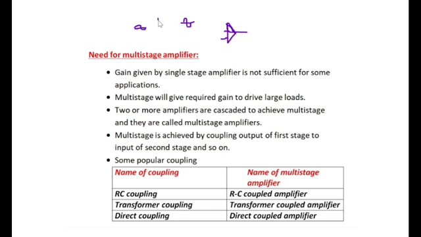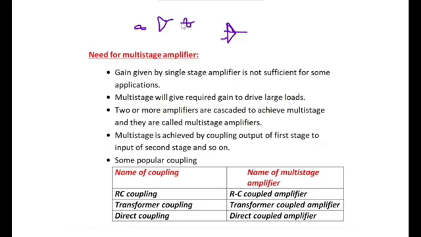To do this, we have invented amplifiers. If we give an input signal which is very low voltage, the amplifier amplifies it, and it will give a somewhat amplified signal at the output.